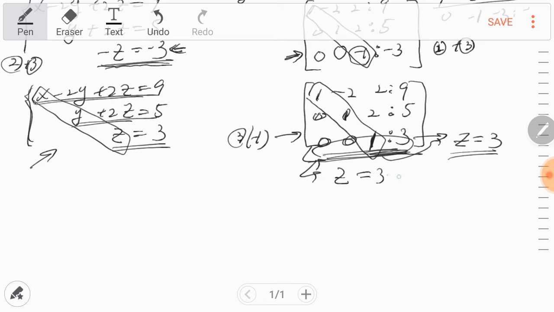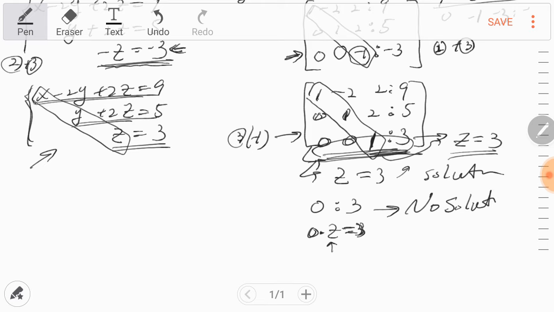So we have a z value, so there is a solution. And if the third row is something like 0, colon 3, then this means 0z equals 3. So we cannot find any z value because 0 times something is 0, cannot be 3. So in this case, there is no solution.